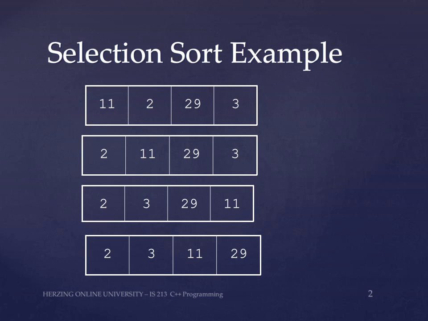Then in the second pass, the next smallest element is 3. You exchange 3 with the second position in the array. In the third pass, the next smallest element is 11, and you exchange 11 into the third position in the array.